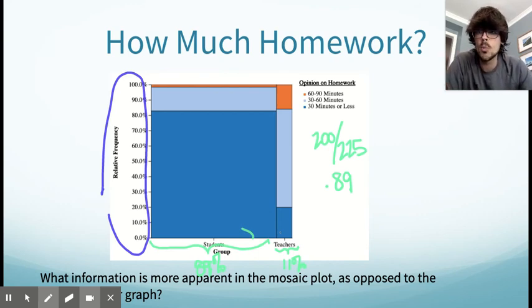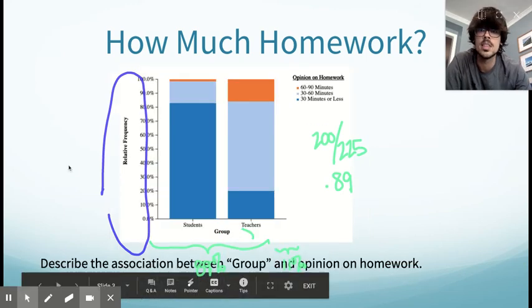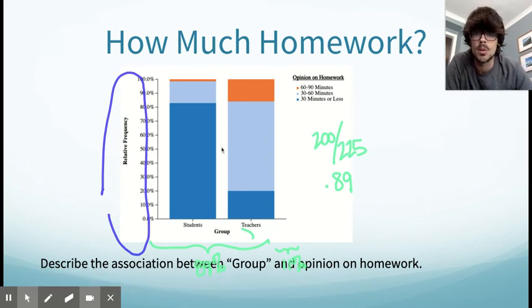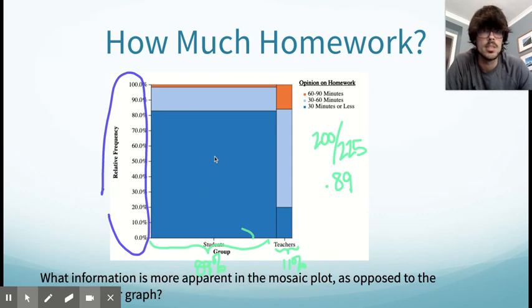Because before, when you looked at it, you could say, well, the teachers think this or the students think this, and those are probably about equally popular. Maybe dark blue is a little more popular than light blue, but they're probably pretty close. But if you look at the mosaic plot, it becomes very obvious that dark blue was the biggest, most popular answer in all. So a mosaic plot brings in that extra dimension and lets you see the sample size by creating the right width to go with it.